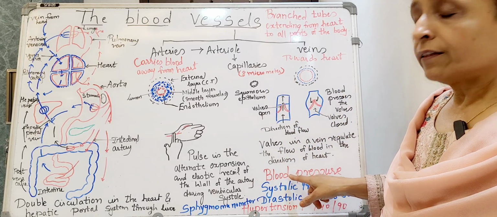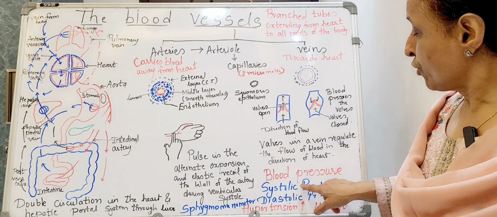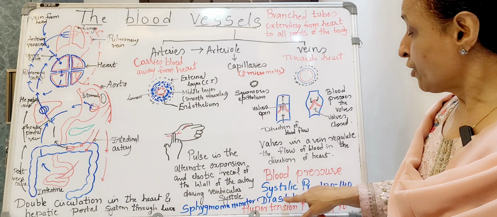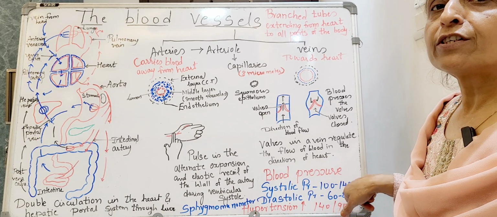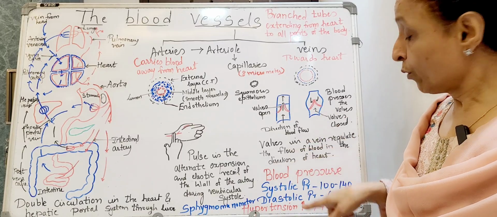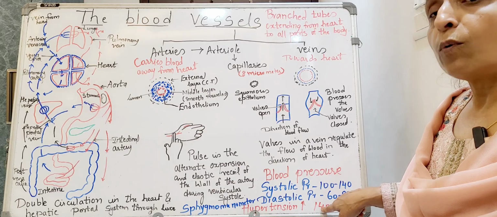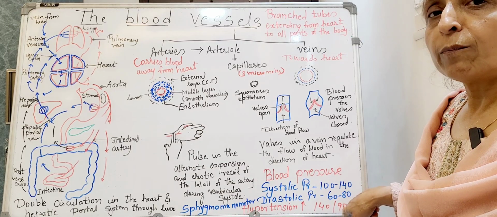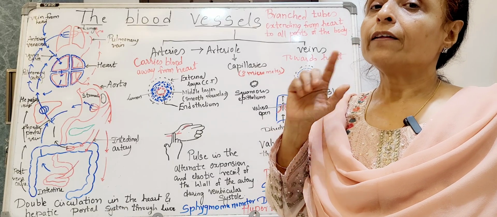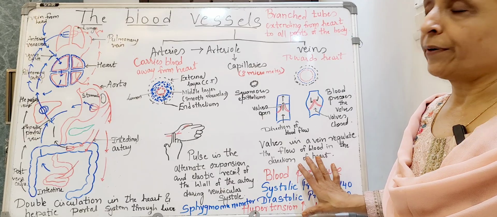So here the blood pressure, systolic, diastolic. Systolic pressure should be around 100 to 140. Diastolic pressure should be around 60 to 80. Now, if the systolic is more than 140 and diastolic more than 90, then you have hypertension. Then medicines have to be taken to control this blood pressure.